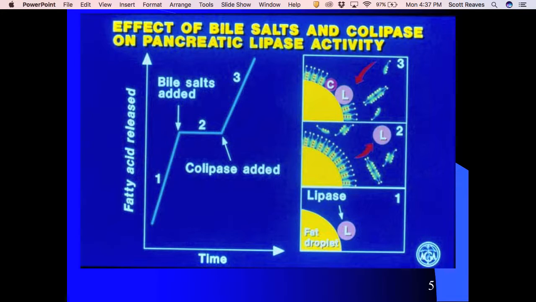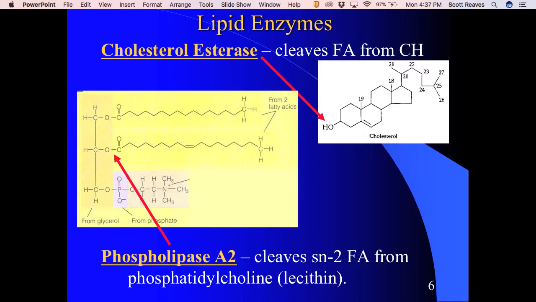I know that in some scenarios, people have genetic alterations in colipase, and that really causes a problem for their lipid digestion. So I don't know if there has to be a sequence or if it's just a random interaction. Got all that? Would this be occurring in step 3? Yes. Yep.